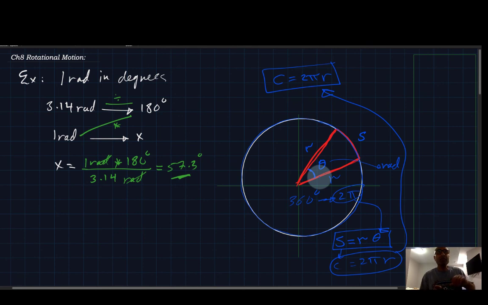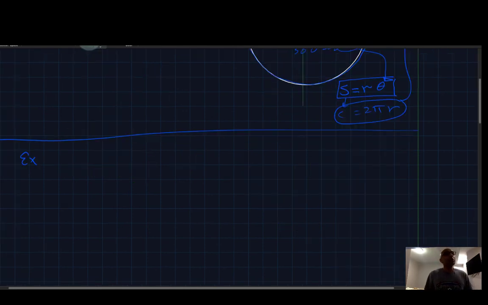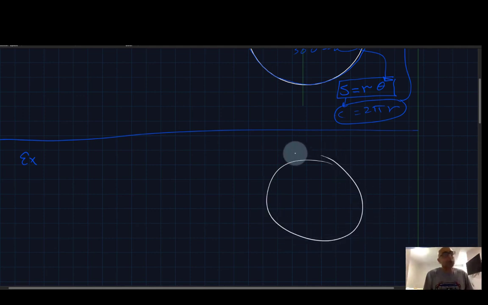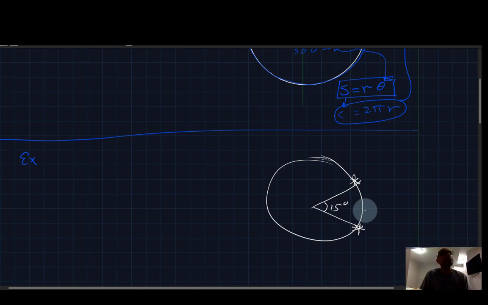As an example, we will talk about 2 cars going on a roundabout. Let's assume this is a roundabout. You have car number 1 here and car number 2 here. The angular separation between these 2 cars is 15 degrees.